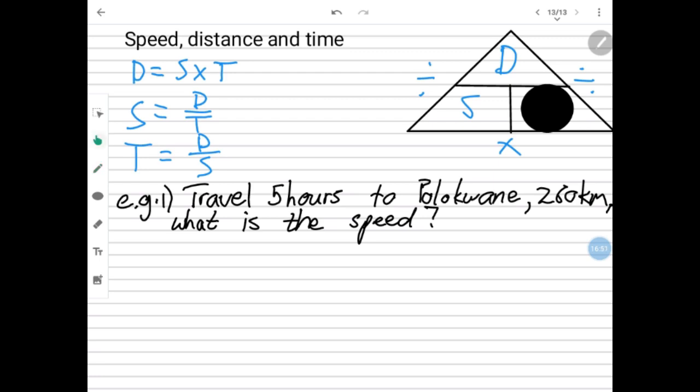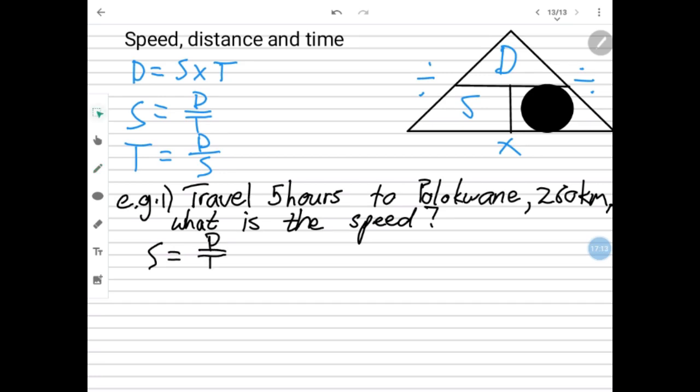So we've already written down the formulas here, but every time that you get a question, you write down the formula again. Every time you get a question on one of these, you write down the formula again. So we're starting with, we're looking for speed, so speed is equal to distance divided by time.